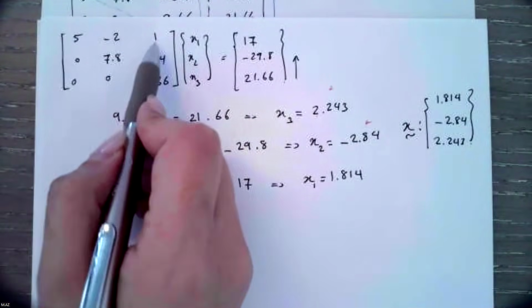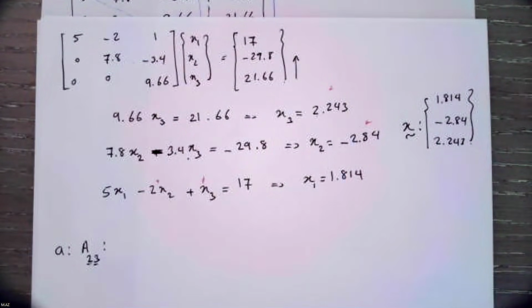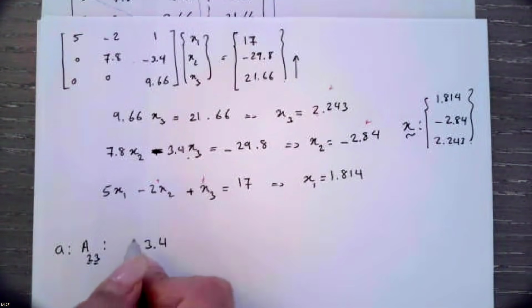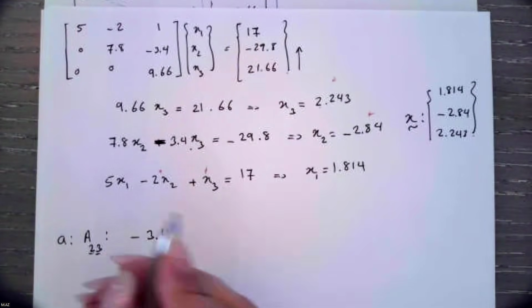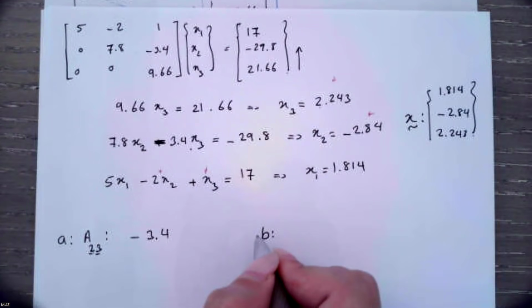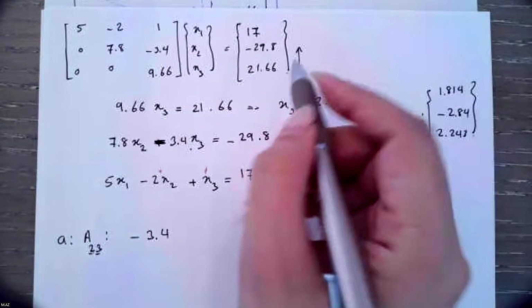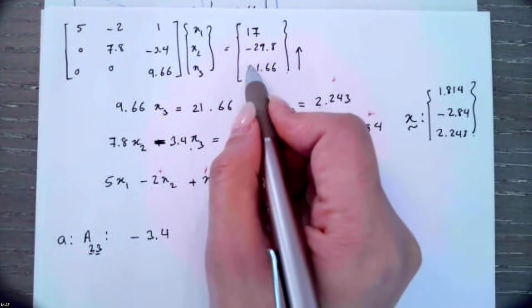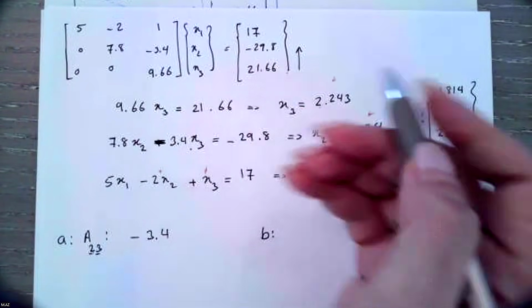Second row, third column, and the value is negative 3.4. For part B, we have to find the value of B sub 3, meaning the right-hand side of the third equation.